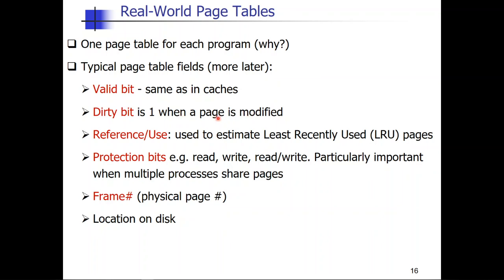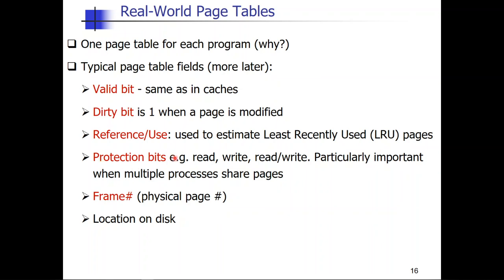It is important to know this because if we change the physical memory and we are trying to replace that particular page, we are going to have to update that in the hard drive as well. Reference or use field is used to estimate the least recently used pages, one of the page replacement techniques.